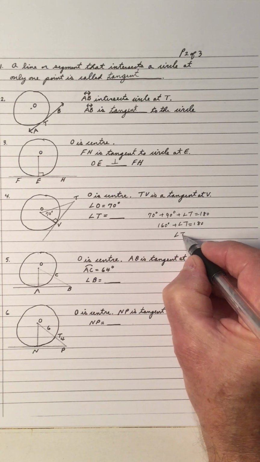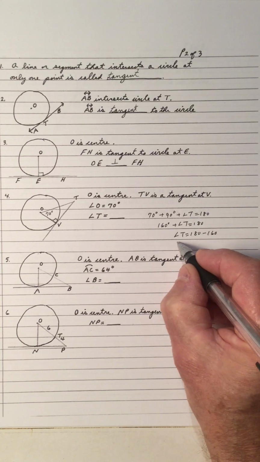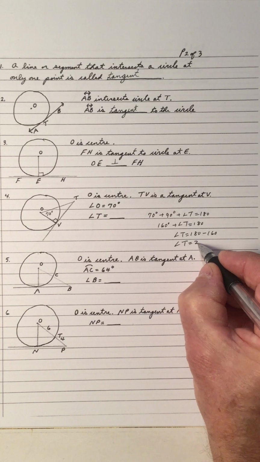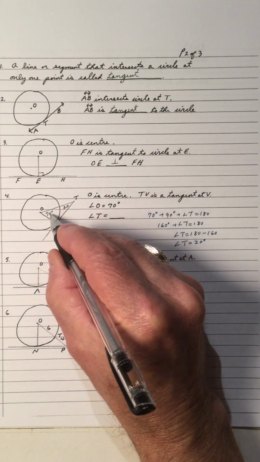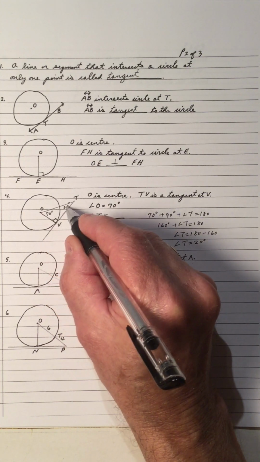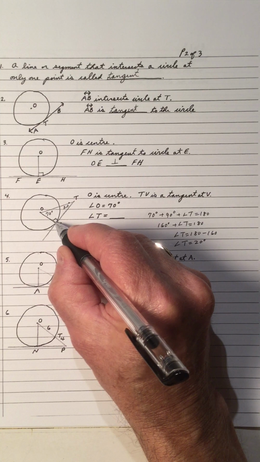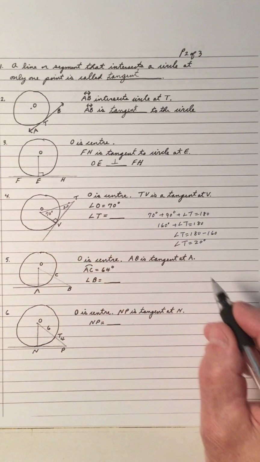So we subtract: angle T is 180 minus 160. So angle T is 20 degrees. 70 and 20 makes 90. Since this angle is 90, these two are complementary. They add up to 90, making a total of 180.